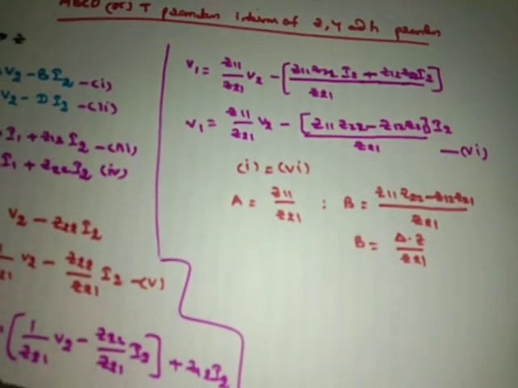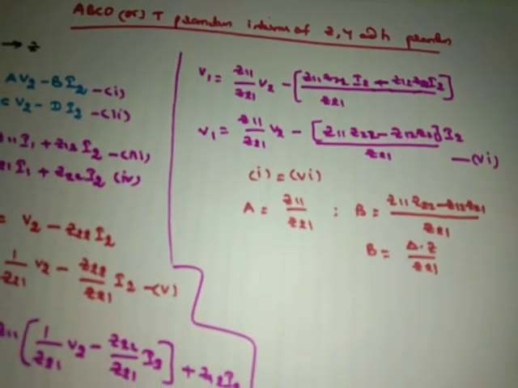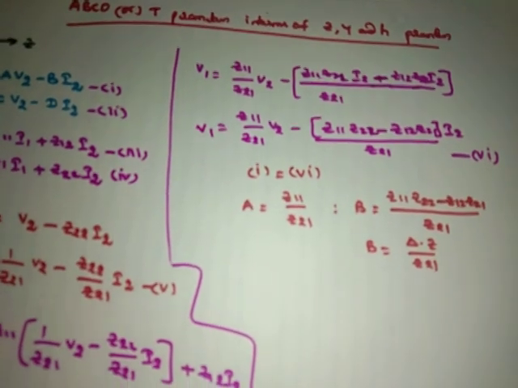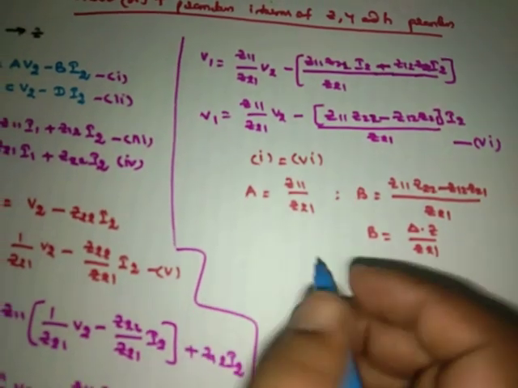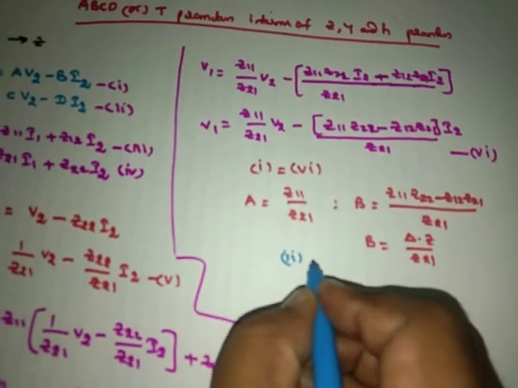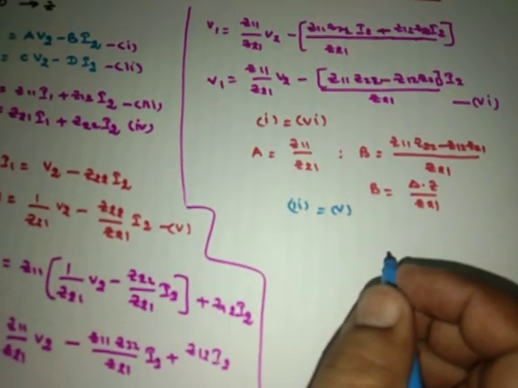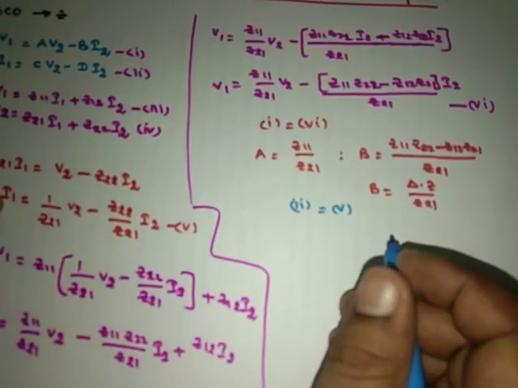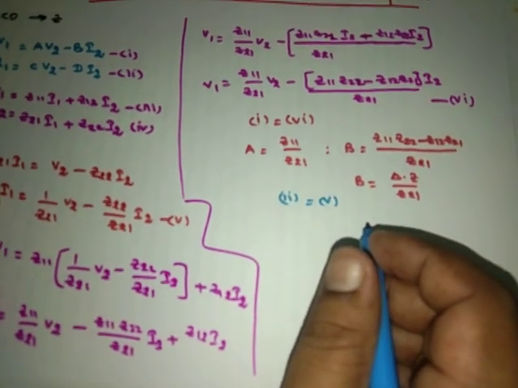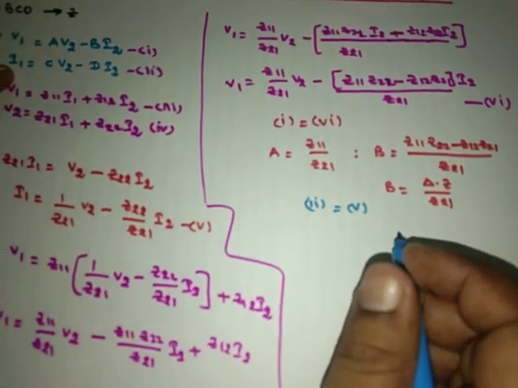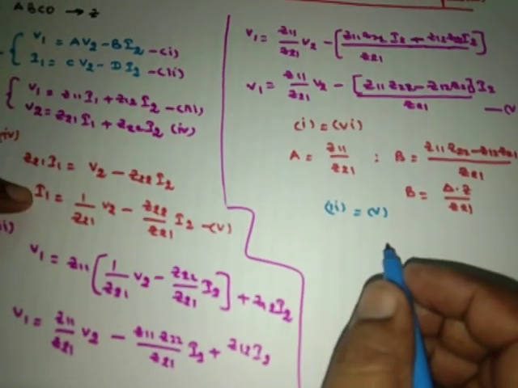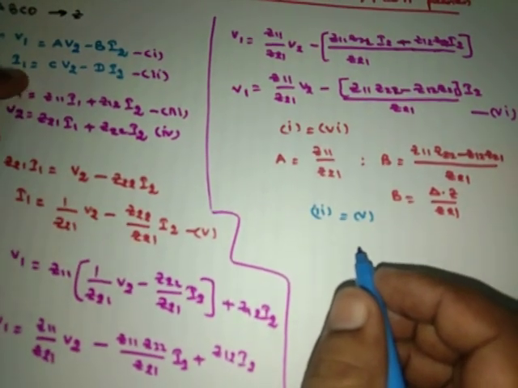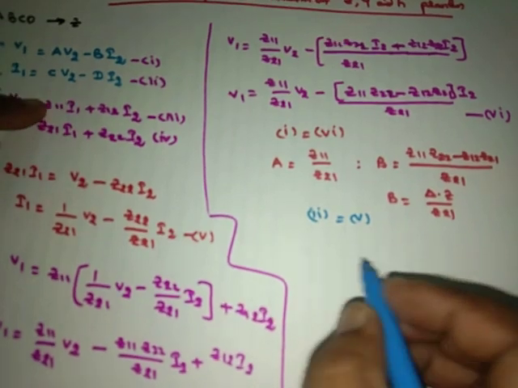Okay, now compare the second with 5. So 2 is equal to 5. This is the second expression, this is the fifth. I1 depends upon V2 and I2. Here also I1 depends upon V2 and I2.